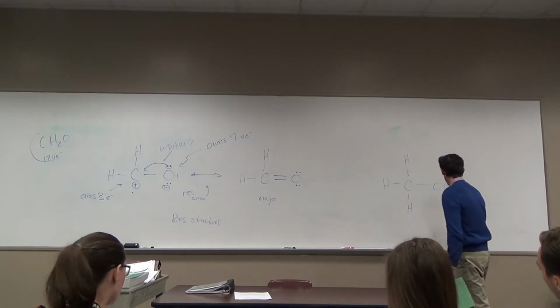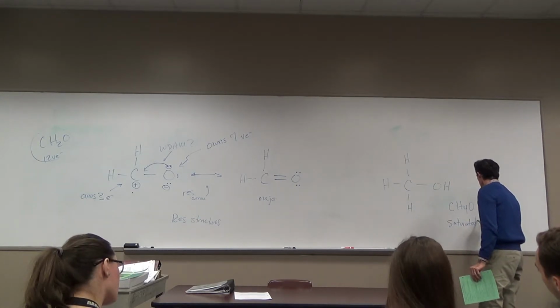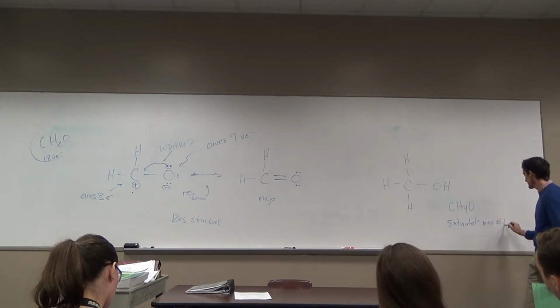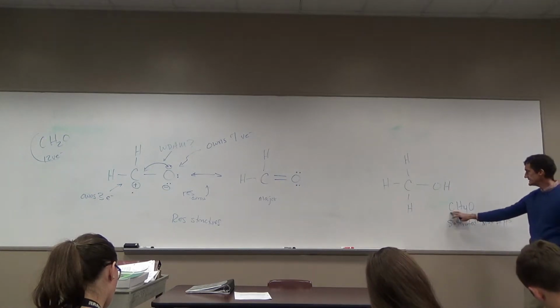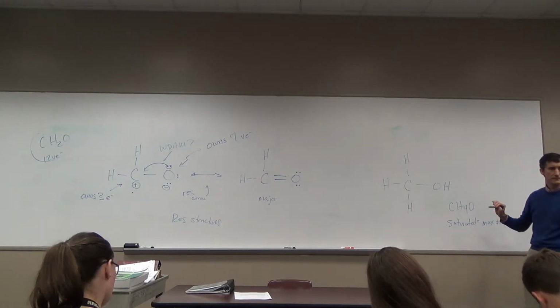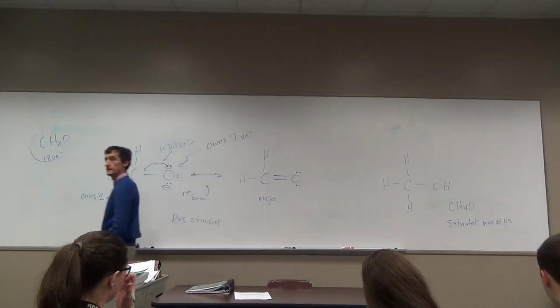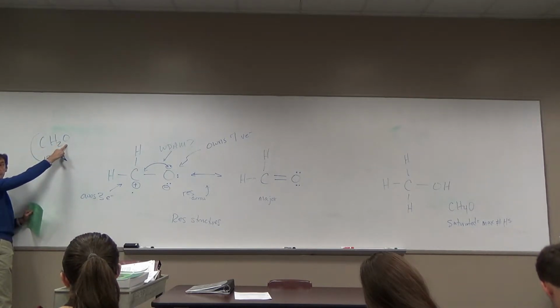This is saturated. Saturated means max number of H's. If you've got C and O, you can have 4 H's max. And we'll say how you know that. Assuming you know that, you got C and O. Well, maximum H's should be 4.